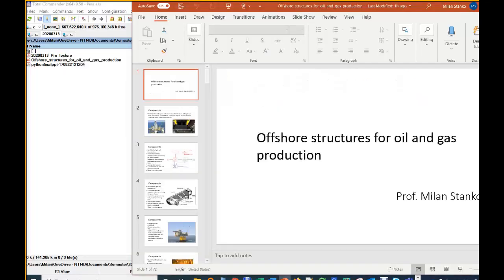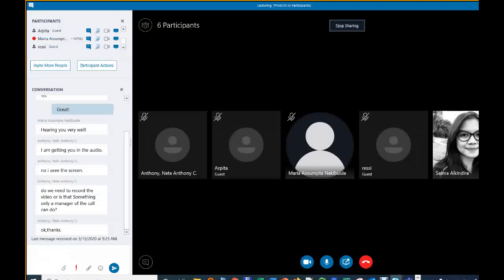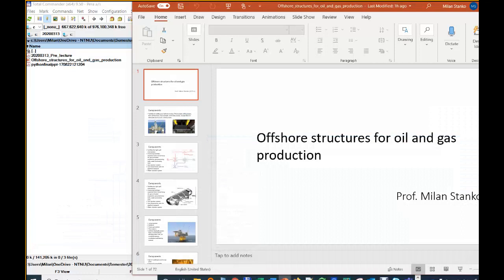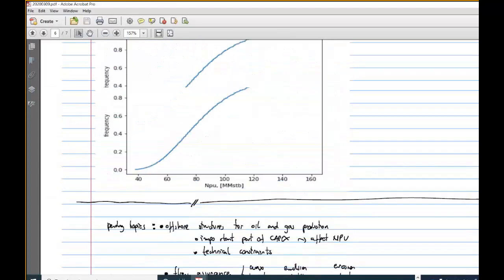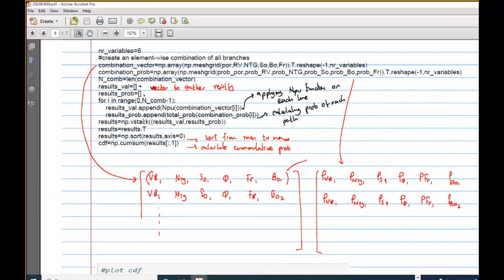Okay, yeah. So now, going back to our topic for today, let's see what we have done in the last lecture. Last lecture we were looking into solving the same reserve estimation problem, where we have this simple equation multiplying all of these factors that are uncertain and uniformly distributed.